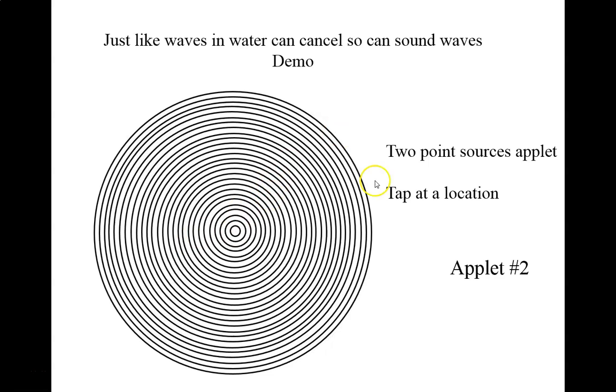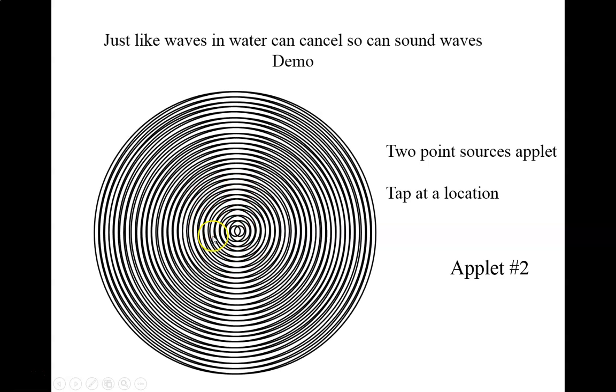So this represents a wave source, and here I've got the concentric waves that are traveling out in all directions. Here I've got a second small one. I've got a separate set of these, representing two waves that are being generated.